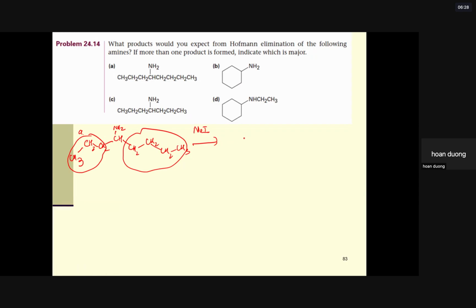CH2, CH3 and CH, and now CH3 and CH3, and CH2 three times and CH3. And then you add the silver oxide and water.